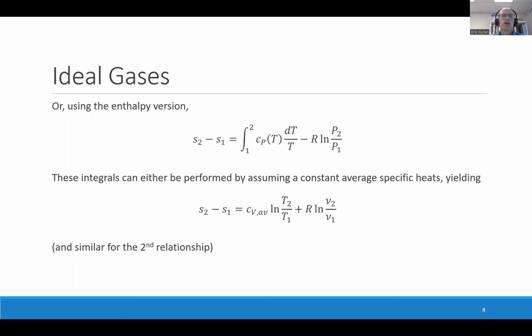If we have at least approximately constant specific heats, then this first integral term can also be integrated to get C average times the natural log of T2 over T1, as shown here. Technically, this equation is for the previous slide, but can also be done for this one up here.